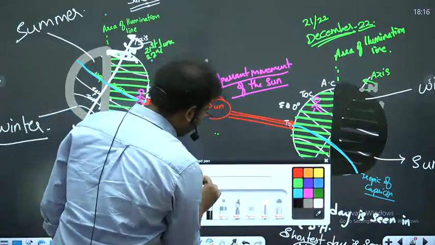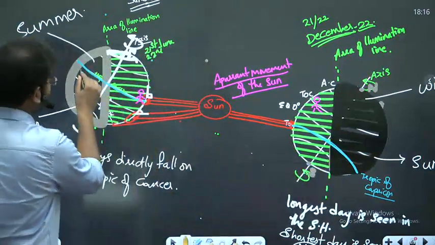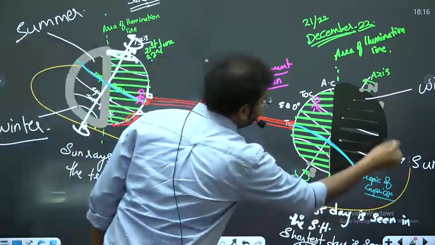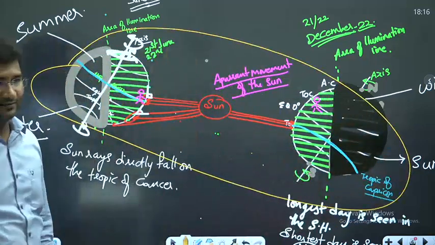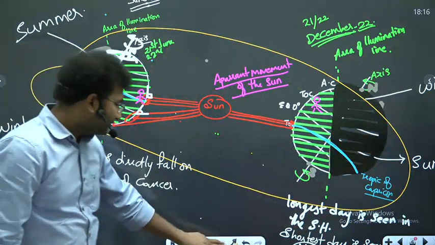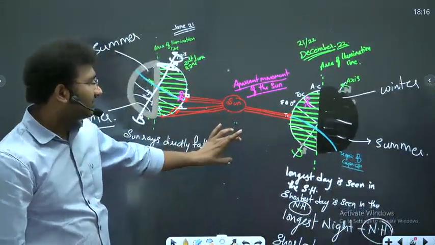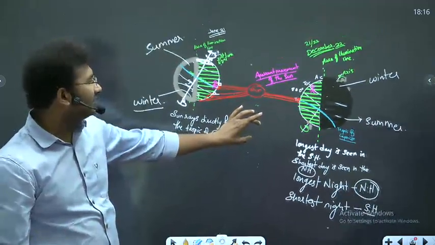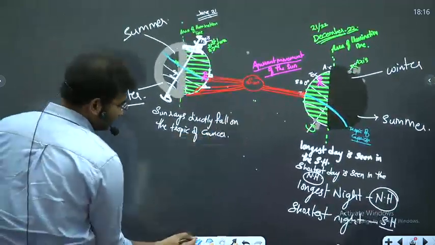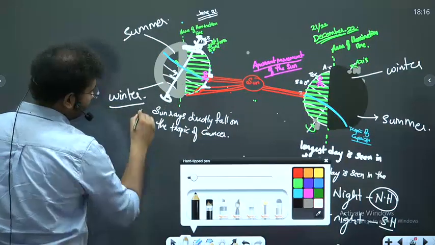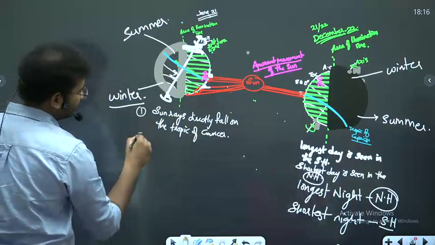So now what I'll do is I'll draw the orbit. So this is the orbit on which the Earth rotating, right? So you got to learn that the sun rays are falling. Okay, write down quickly here itself certain points. Number 1, sun rays fall directly on the Tropic of Cancer.